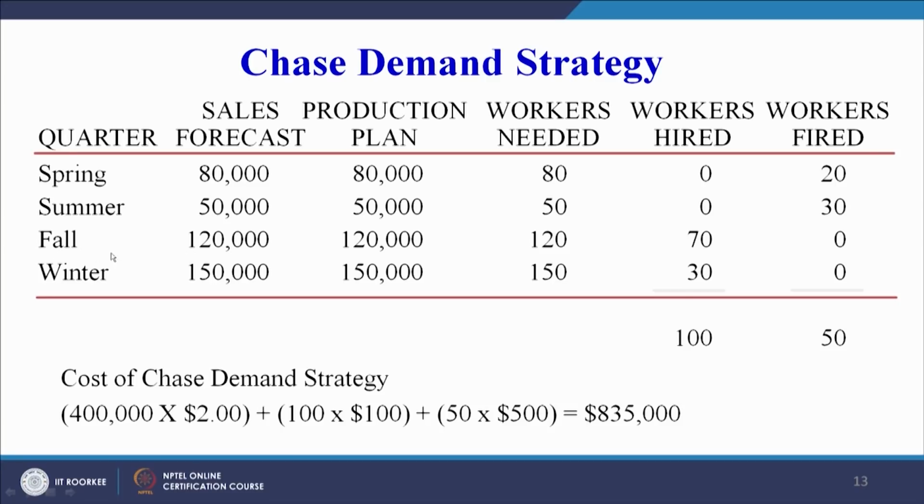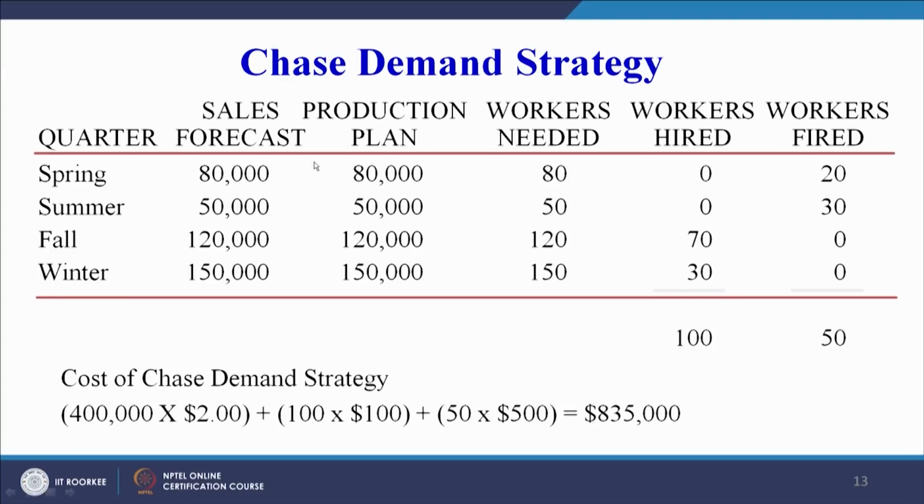But in fall, third quarter, we have a demand of 1,20,000 pounds, so we require 120 workers here, but currently we are having only 50 workers, so we will hire 70 more workers. And similarly for winter we have a requirement of 150 workers and we have 120 workers in quarter 3, so we will hire additional 30 to make it 150. So we are chasing the demand.